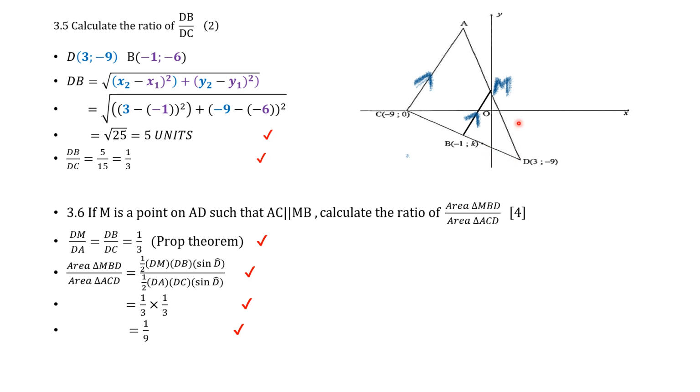Short over long or short over short. So TM over TA, short over long, must equal TB over TC, which in this case, remember, was 1 over 3. So according to the proportionality theorem, they both equal 1 over 3.